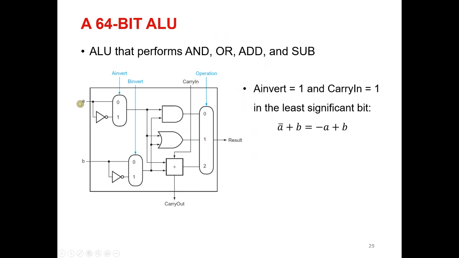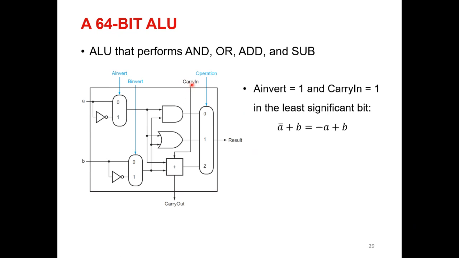Okay, so we have here a, and if we want to do the inversion in this multiplexor, we will select 1. With this 1, we are negating a. But if we want to negate a, apart from inverting its bits, we also need to add 1. What are we using to add 1 to this value?